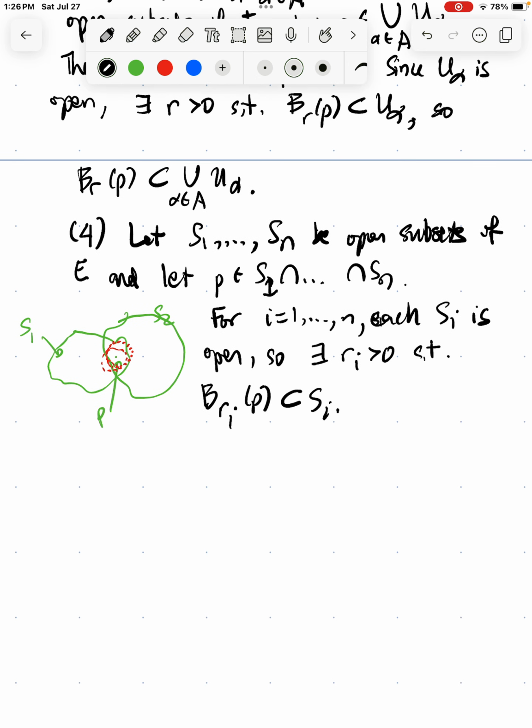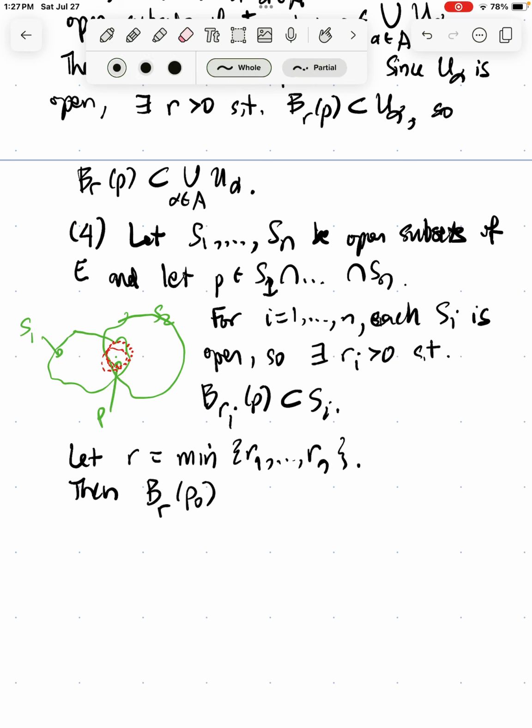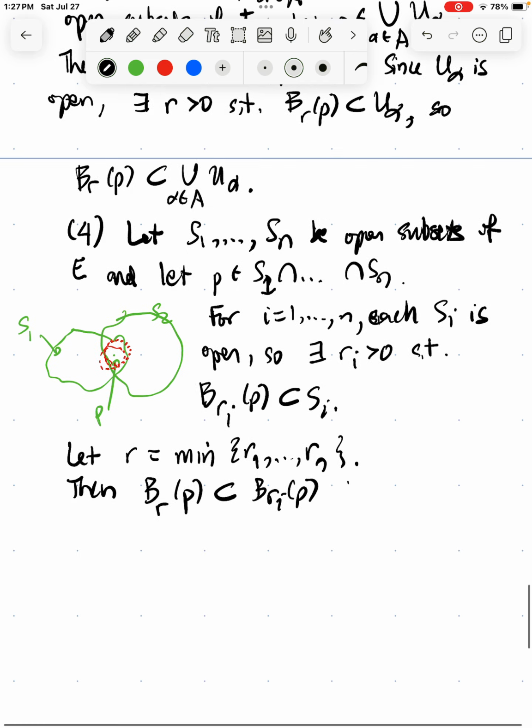Then let R be the minimum of R1 through Rn. Well, then the ball of radius R centered at P is completely contained in the ball of radius Ri centered at P for all i from 1 to n.